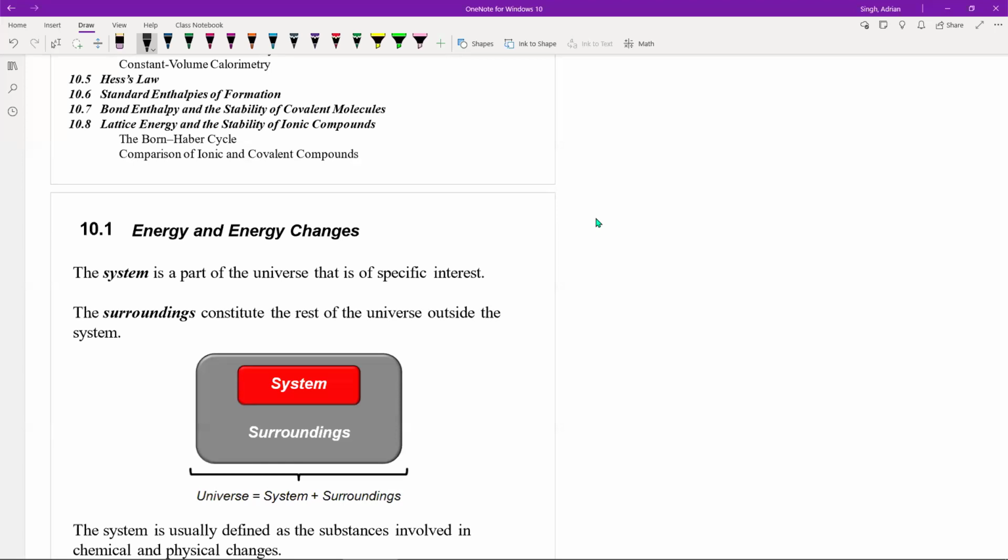So we can define the universe as everything, and that's the sum of, or it's equal to, the system, and the system is usually what is being studied, plus the surroundings. So this is everything else but the system.